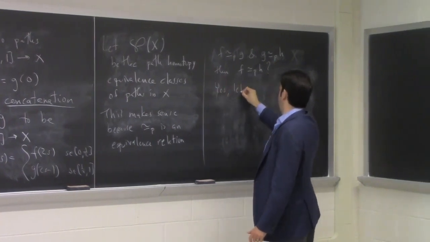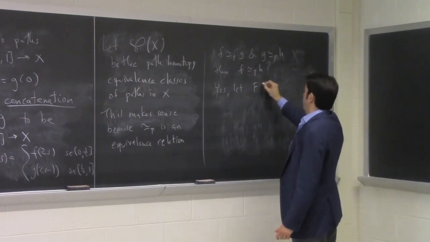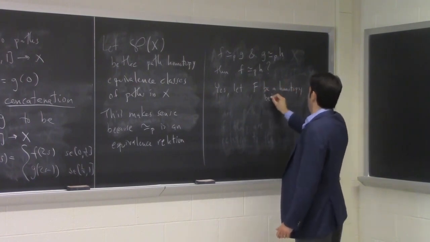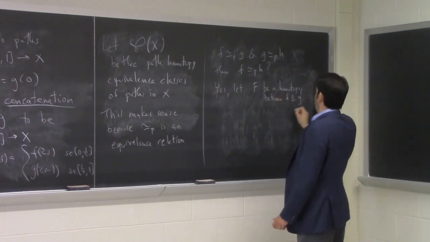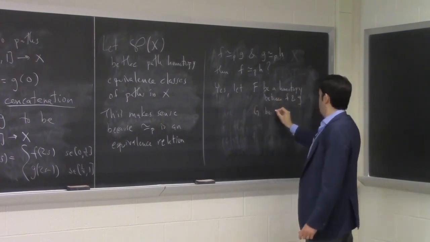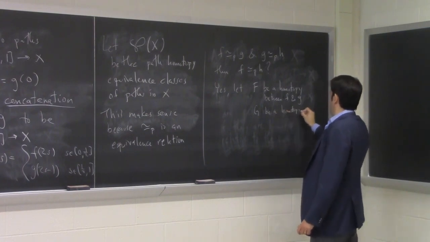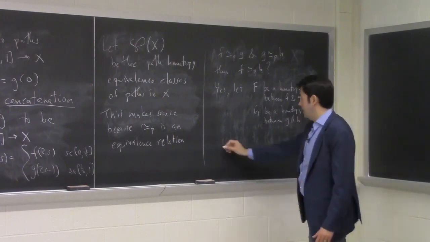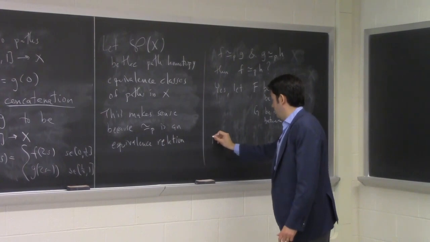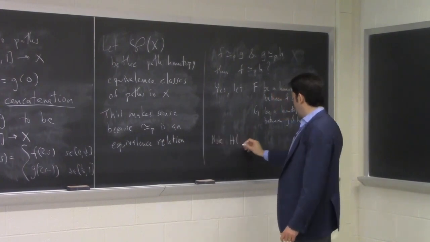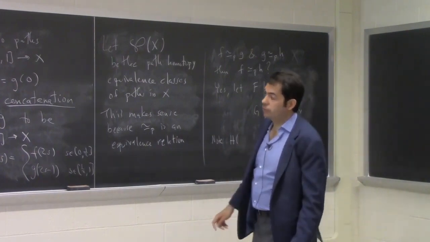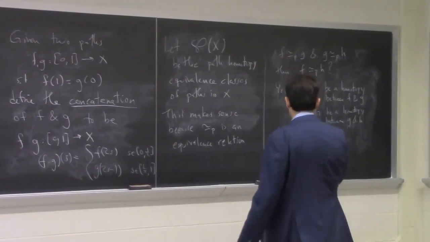Yes, so let capital F be a homotopy between f and g, capital G be a homotopy between g and h, and then note that H of, what order did I use over there? T and then S.